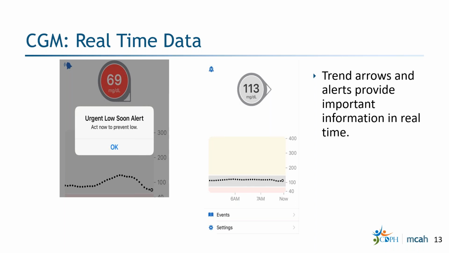So speaking of alarms, I want to mention the value of alarms in real-time data. In addition to just getting a whole lot more data points, I think one of the real values of CGM are these arrows. What the arrows tell you is how quickly glucose is rising or falling.